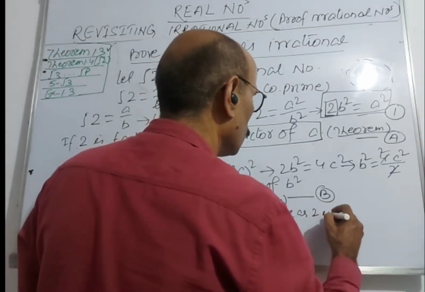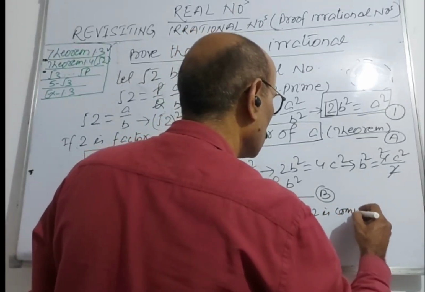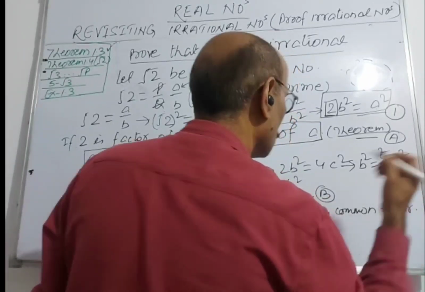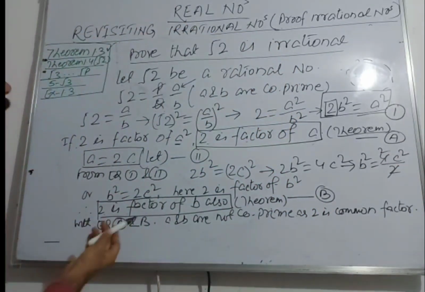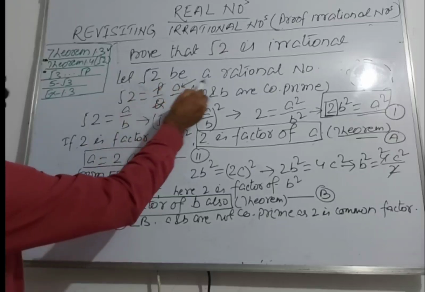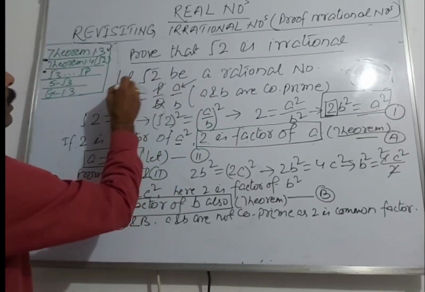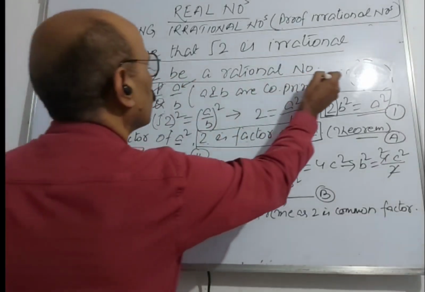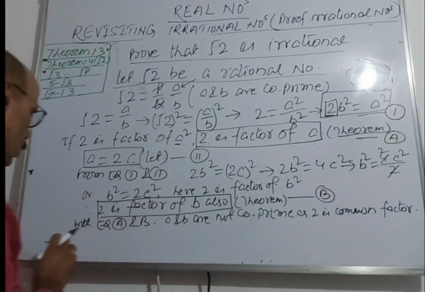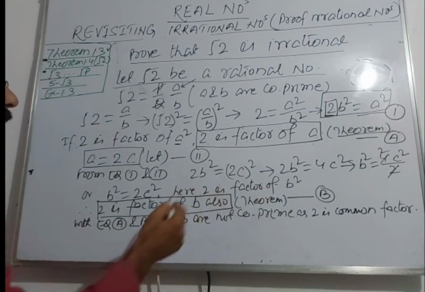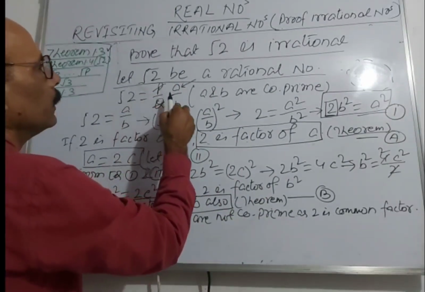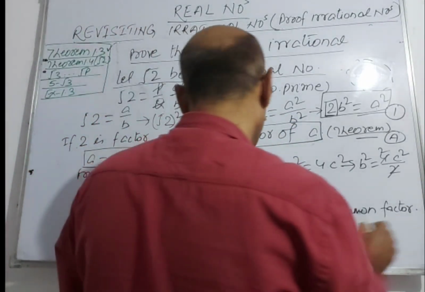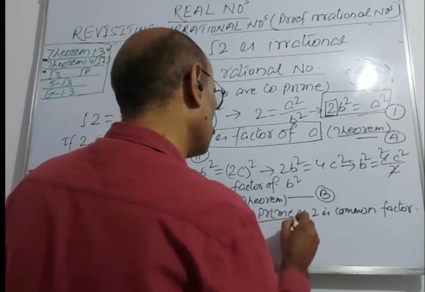That means this assumption that root 2 is a rational number is wrong. Here we assumed a and b are co-prime.